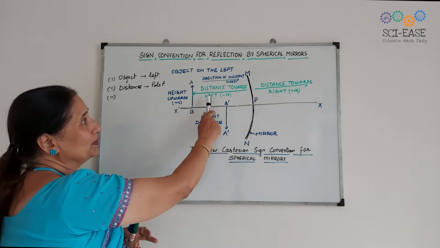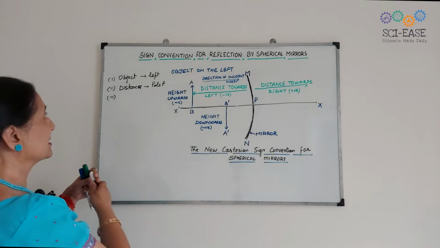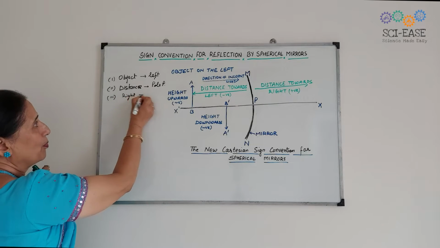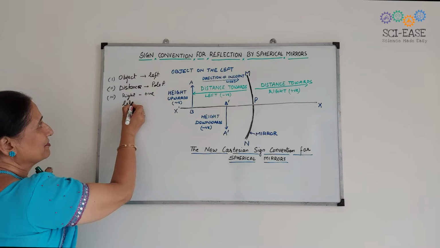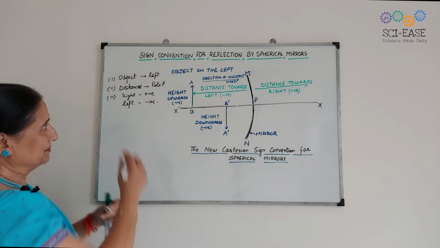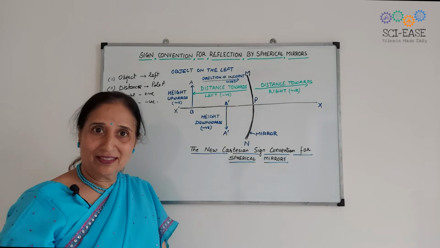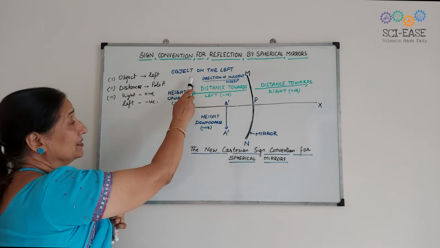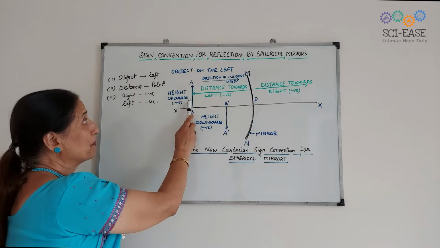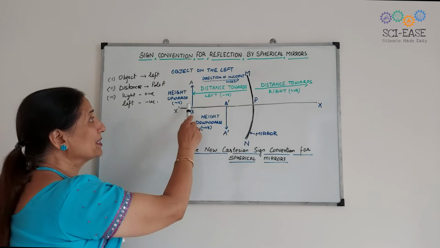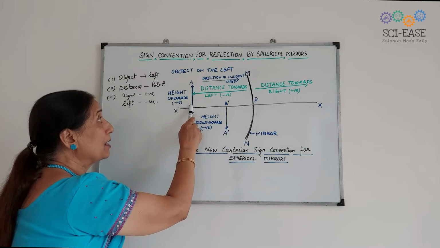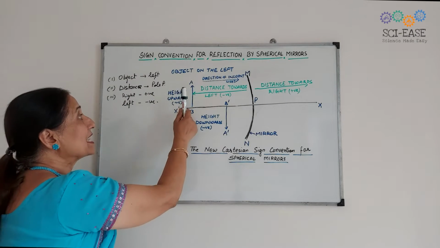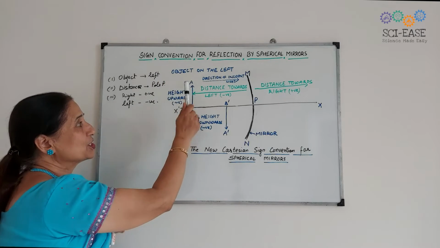So you should remember that distance towards the right is positive and towards the left is negative. Now come to the next sign convention. The distance perpendicular to the principal axis and above the principal axis, that is height upwards, is taken as positive.